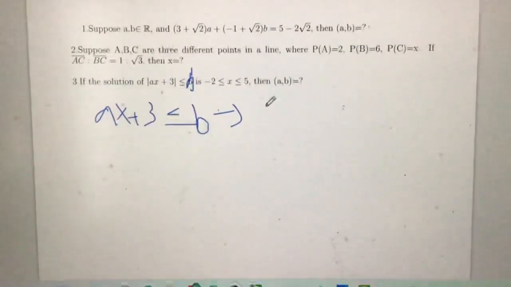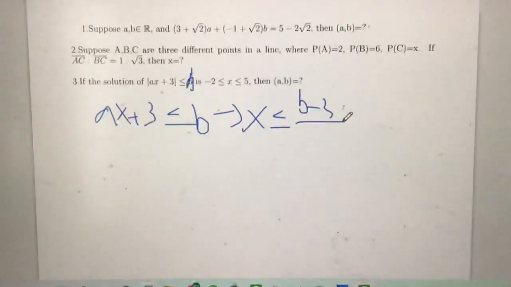So if this case holds, x will be smaller or equal to b minus 3 divided by a. Okay, so this one is relatively simple. This is case 1.